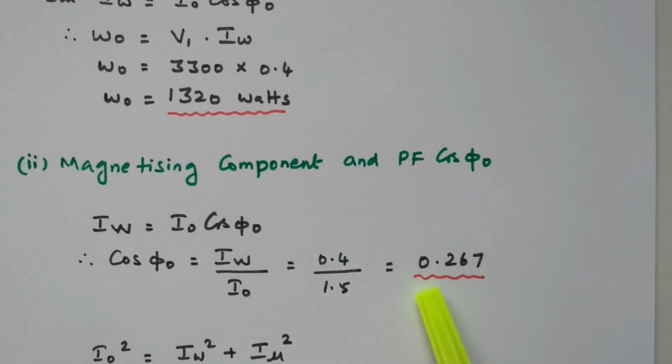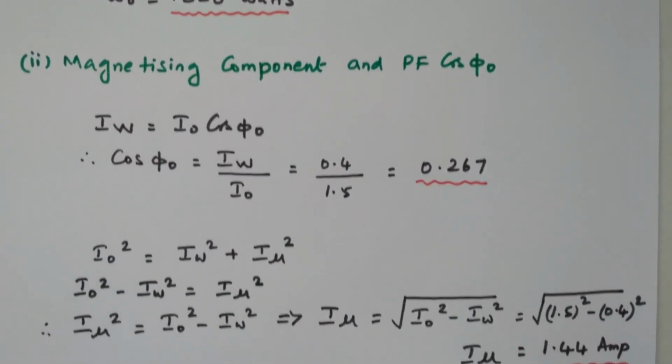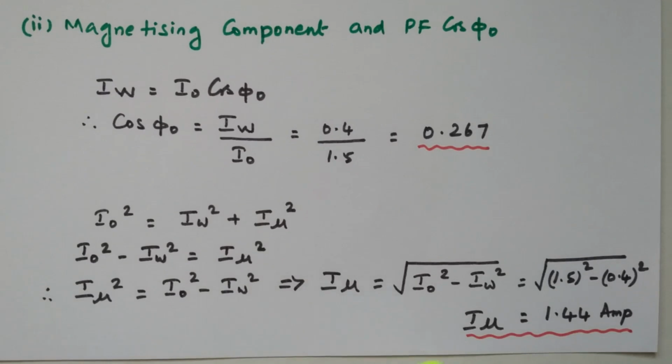By simplifying, we got 0.267 for cos phi naught, where phi naught is the angle between current and voltage.